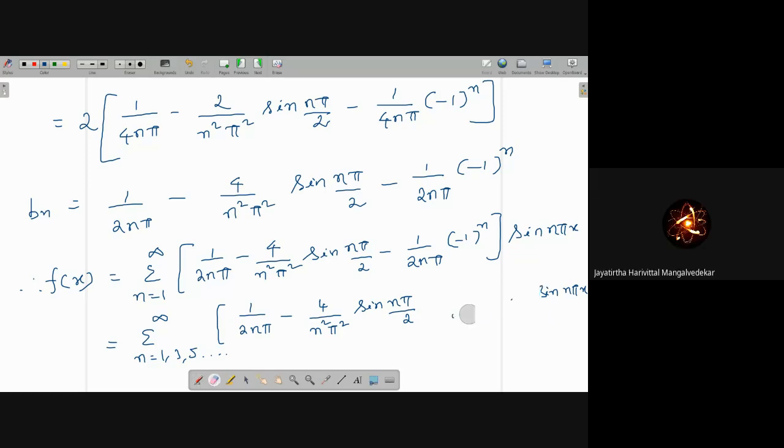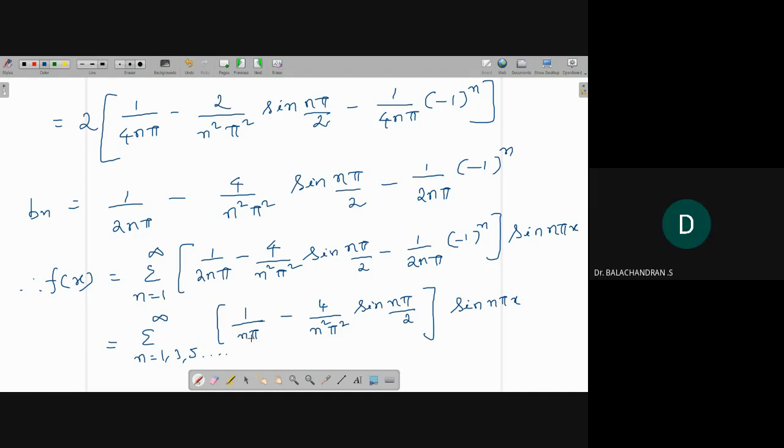Yes, sir. 1 by n pi into sine n pi x, but still you can simplify. That means, instead of writing n equal to 1 to infinity, you should replace n by what?